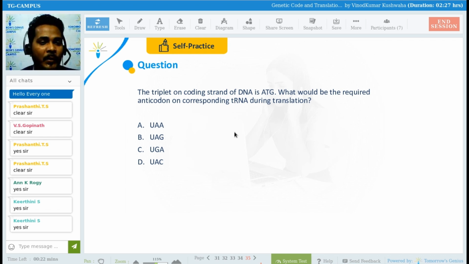What would be the required anticodon on the corresponding tRNA during translation if there is an ATG?